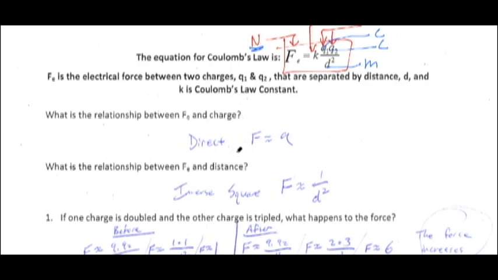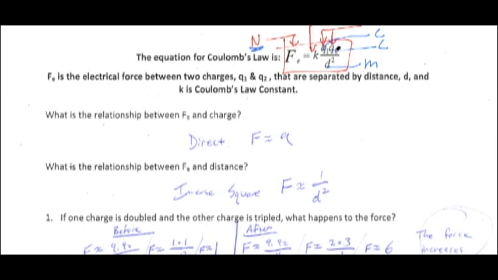It is direct, but you may be thinking, well, how do I know? Hopefully by this point in the semester, you could say, well, if I've got some sort of mathematical expression where I've got a numerator and a denominator, whatever's on this side will have a direct relationship to whatever's in the numerator on this side.